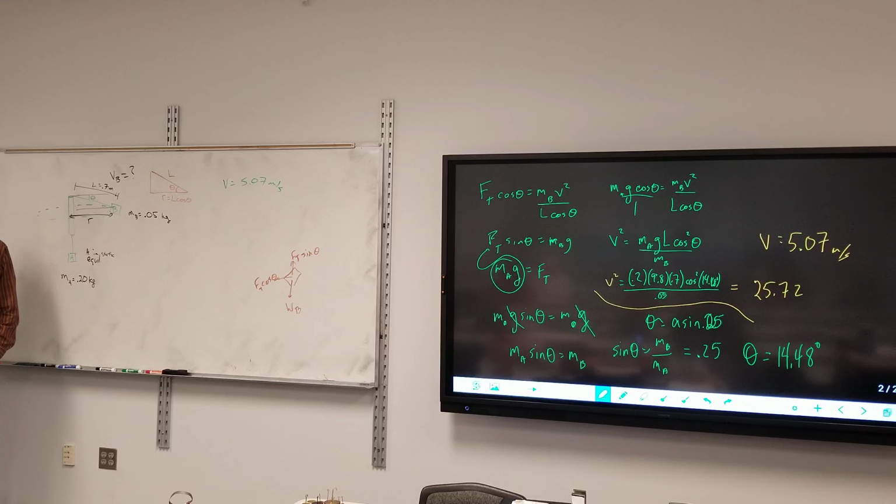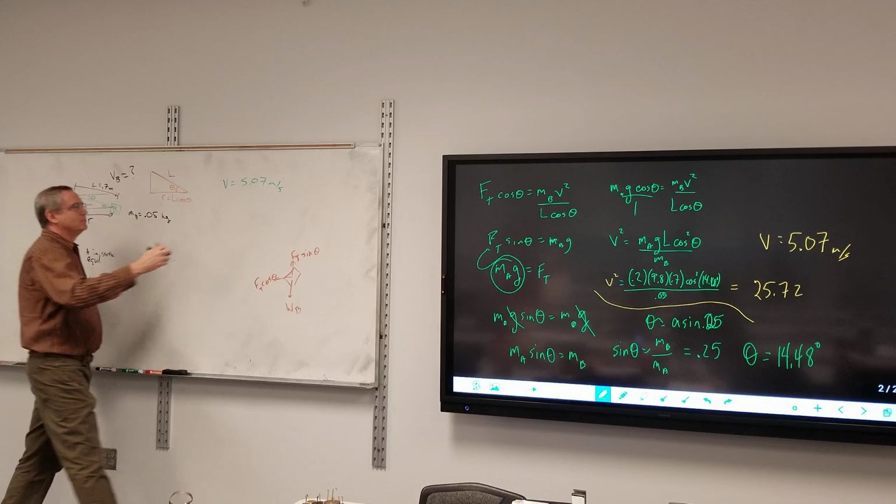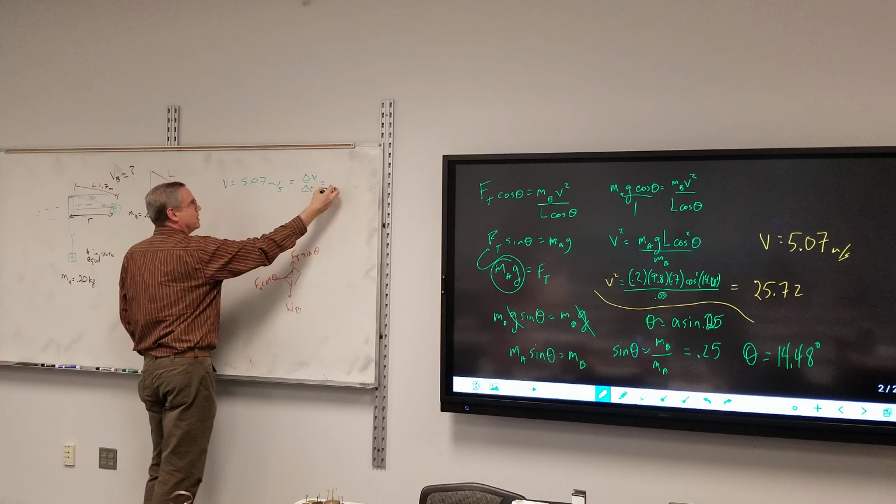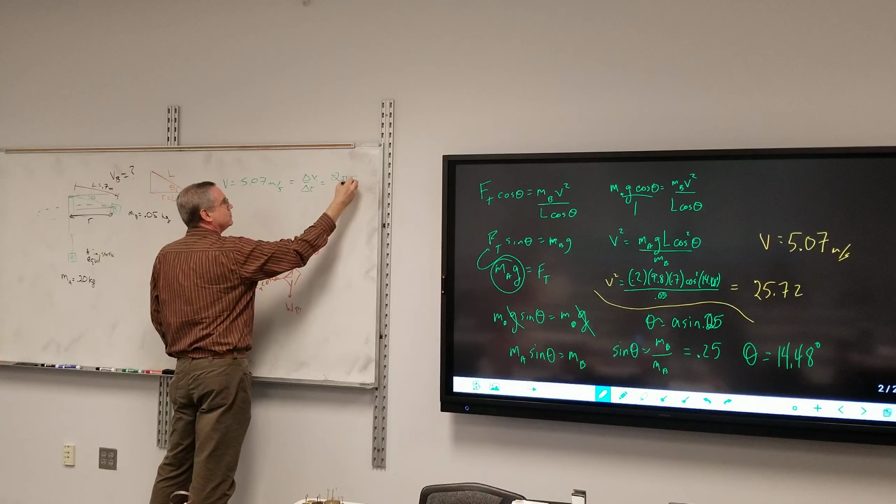How would you find it? Could be the circumference of the circle. Keep going. And you take how many meters that would be, and then you use your speed. Okay. So speed is distance over time. The distance is indeed the circumference of the circle.